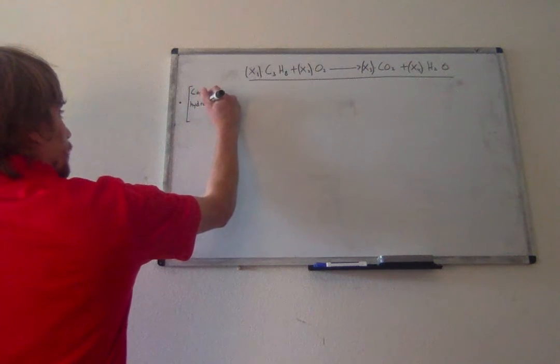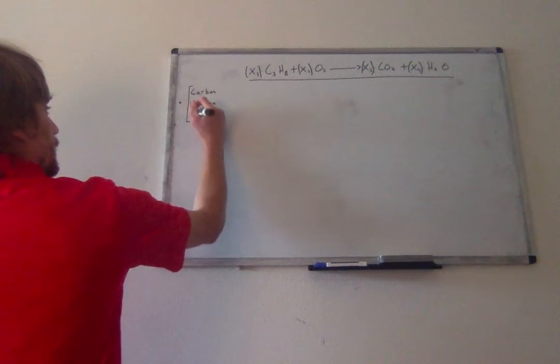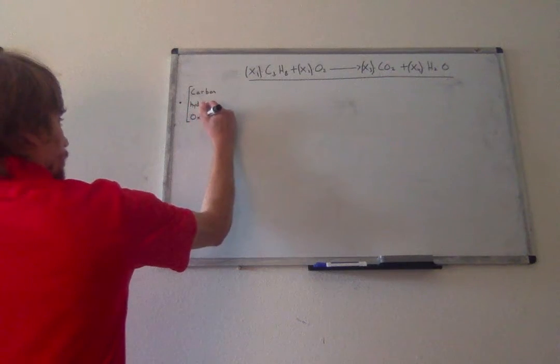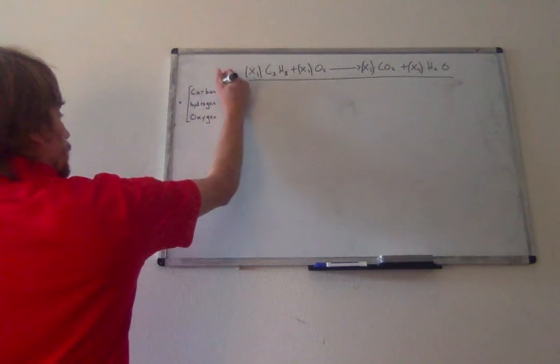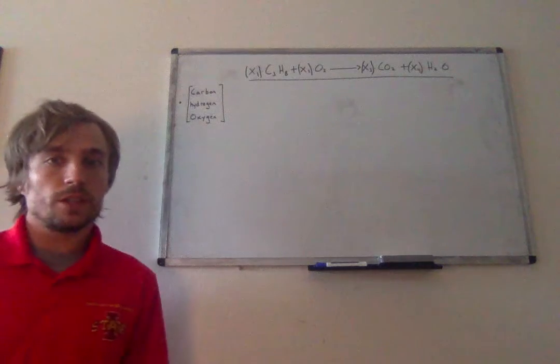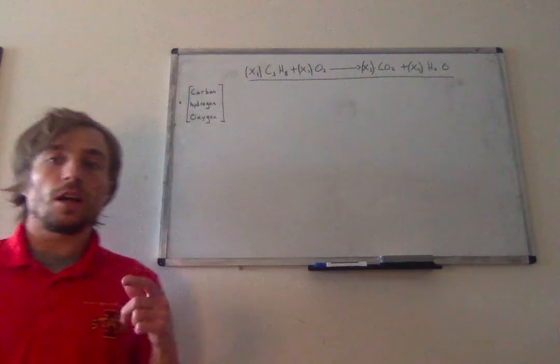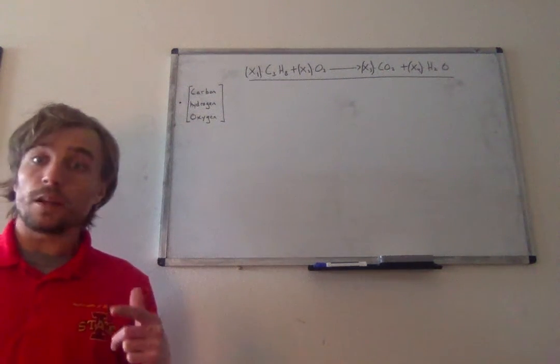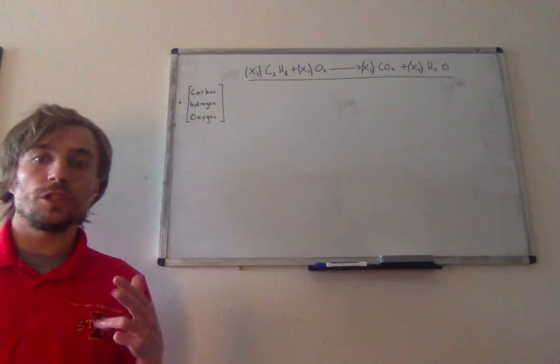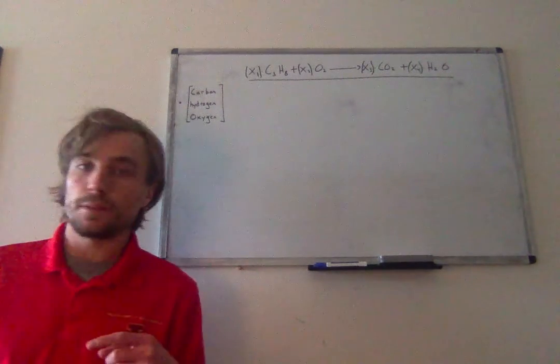a specific molecule, and each entry in each vector is going to represent the number of atoms of either carbon, hydrogen, or oxygen that molecule has.